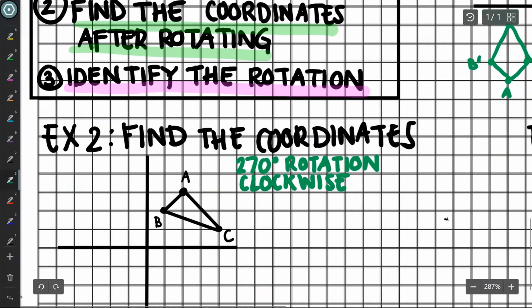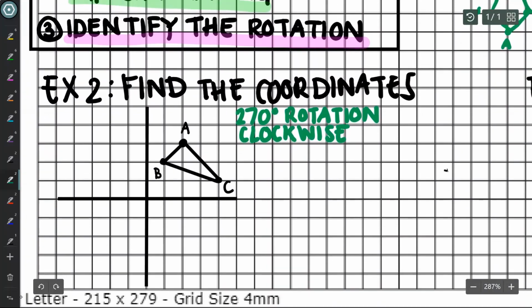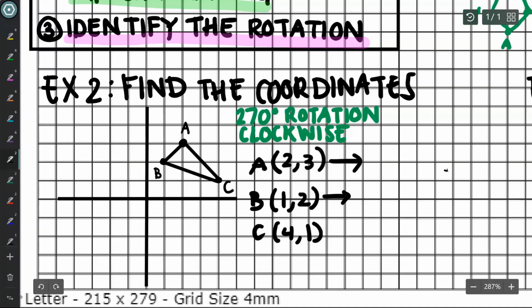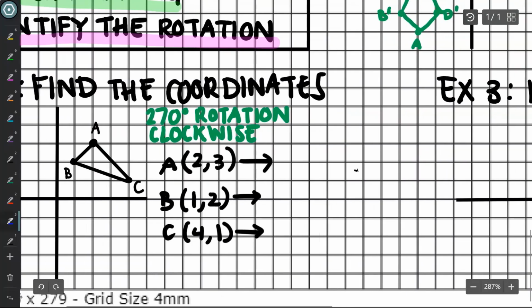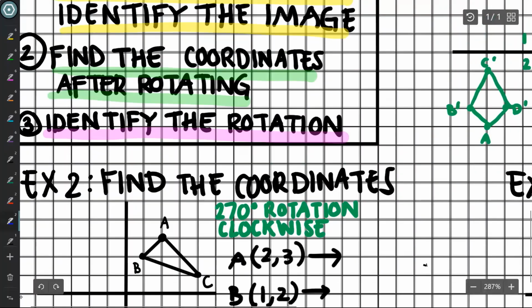All right, example 2. We are just finding the coordinates. So we're going to start again by writing out our points, A, B, and C. So A is at 2, 3, B is at 1, 2, and C is at 4, 1. I'm going to draw our arrows. We did 270 in blue. So 270 clockwise.